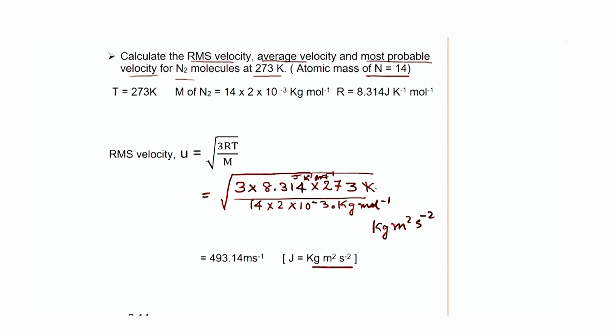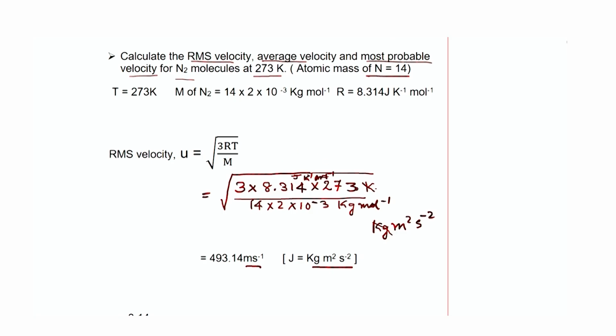Okay, so that is there. Now we have here joules converted. So the kilogram and kilogram get cancelled. Okay, and we have the square root. So it becomes meters per second. Got it? This is the unit.